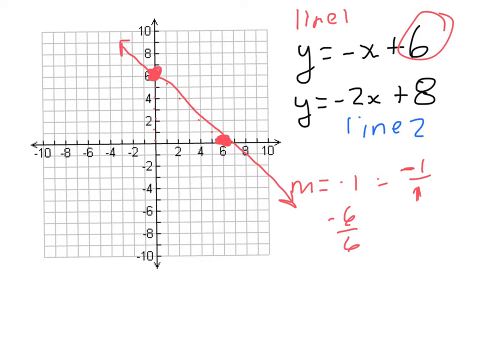Now let's look at line 2. My y-intercept is 8, so I'm up here at 8. My slope is negative 2 over 1, which means I'm going down 2 over 1, down 2 over 1, and so on. Let's start marking some of those out: down 2 over 1, down 2 over 1, down 2 over 1.